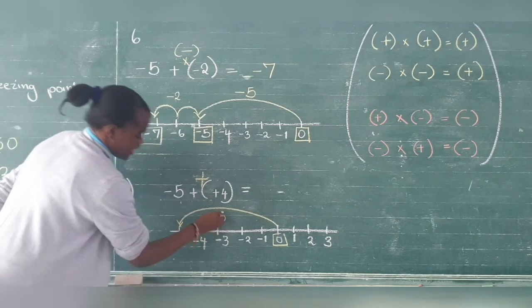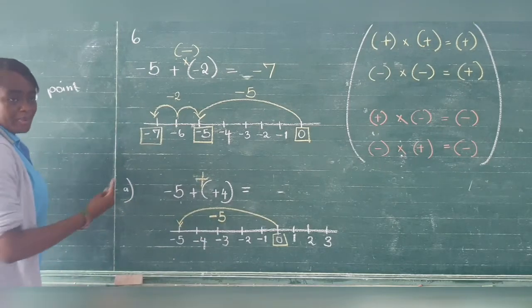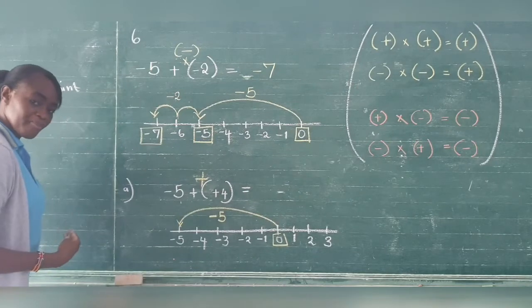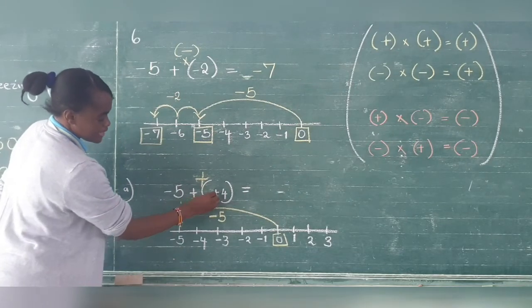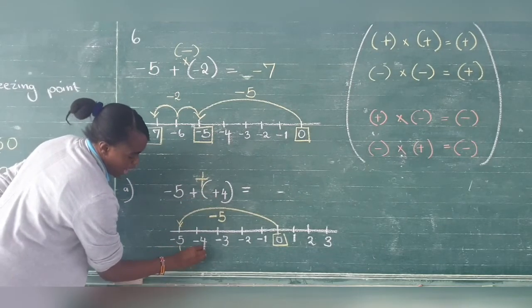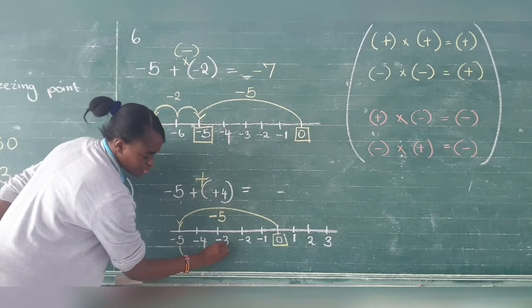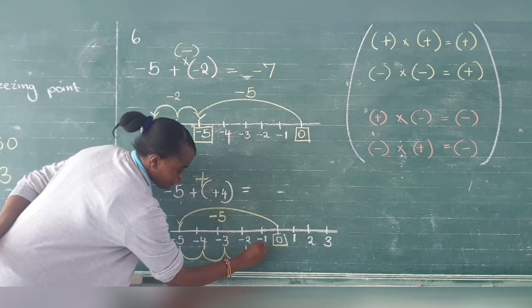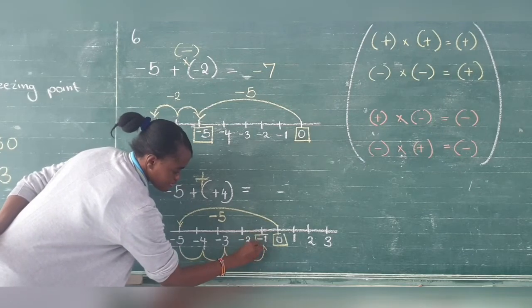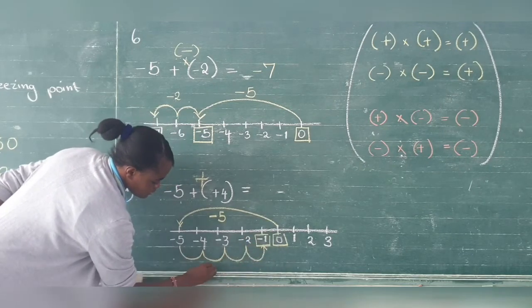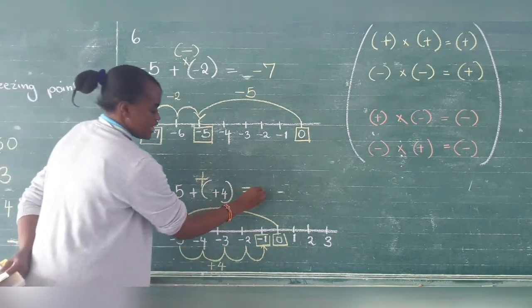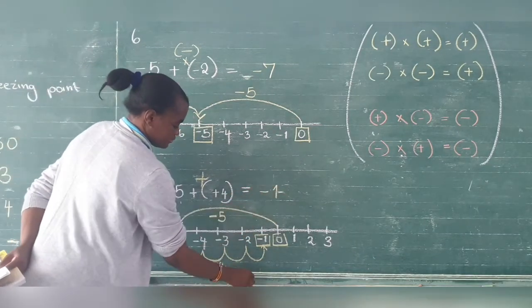Negative 5 plus. Remember, when you plus, you go in front. When you minus, you go backwards. So plus 1, 2, 3, 4. Your answer is negative 1.